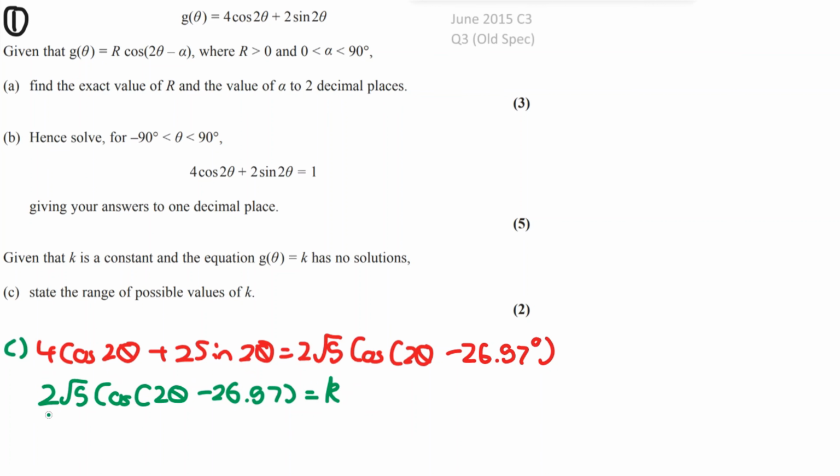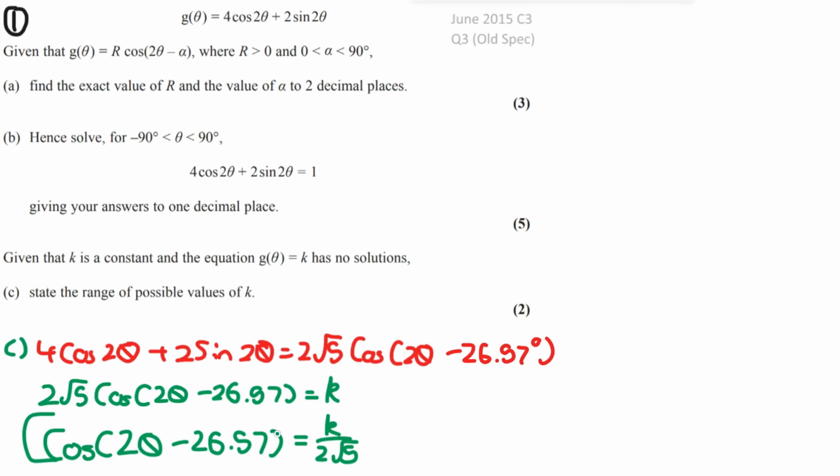Well, firstly, let's divide both sides by 2 root 5, so this becomes cos of 2 theta minus 26.57, and this is equal to k over 2 root 5. So when does this have no solutions? Well, this bit doesn't actually really matter at all.